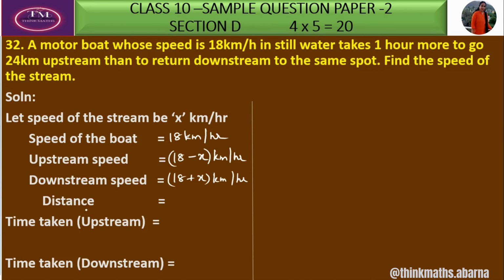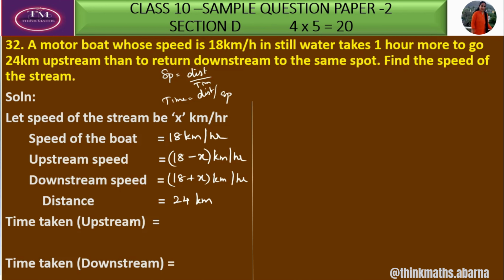What is the distance given? Distance is 24 kilometer. Now what is the time taken? You know the formula, speed is equal to distance by time, so time will be equal to distance by speed.